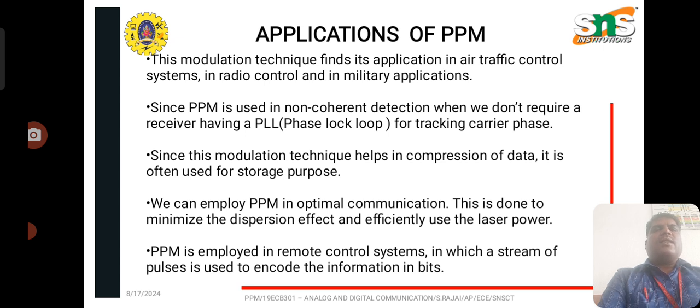Since this modulation technique helps in compression of data, it is often used for storage purposes. We can employ PPM in optical communication. This is done to minimize the dispersion effect and efficiently use the laser power. PPM is employed in remote control systems in which a stream of pulses is used to encode the information in bits.